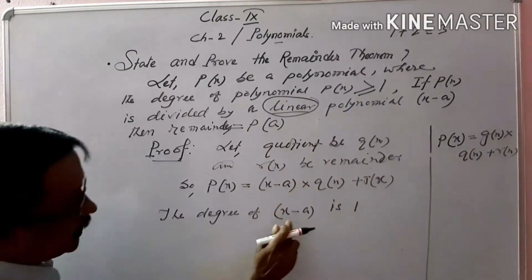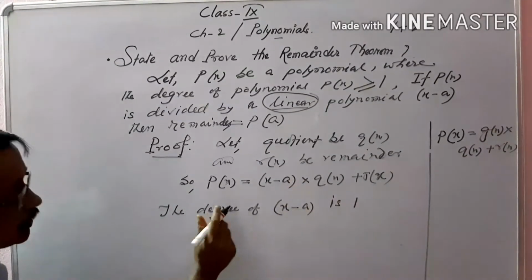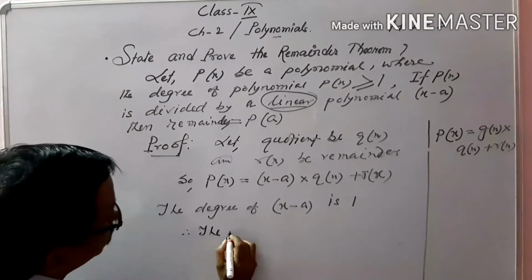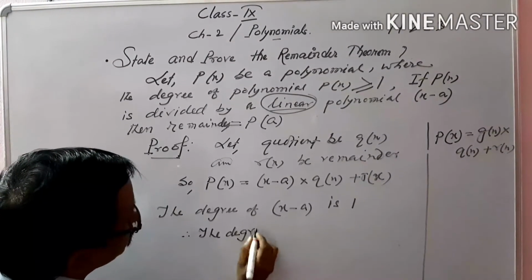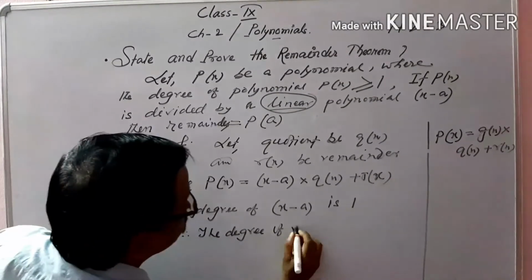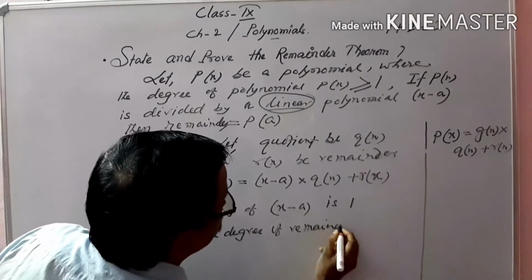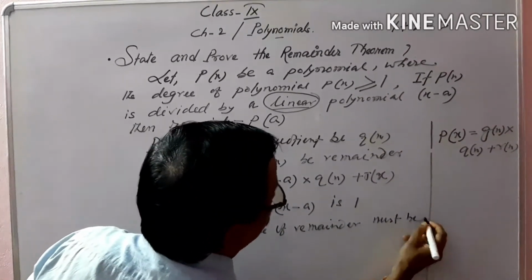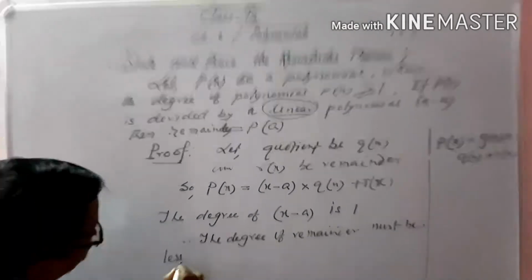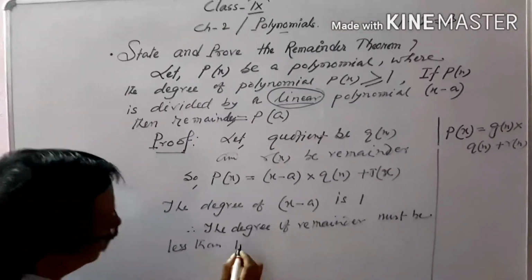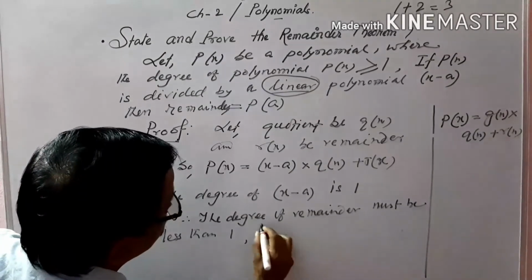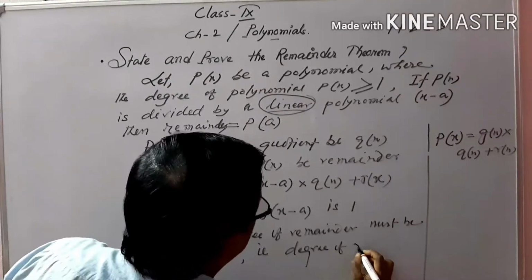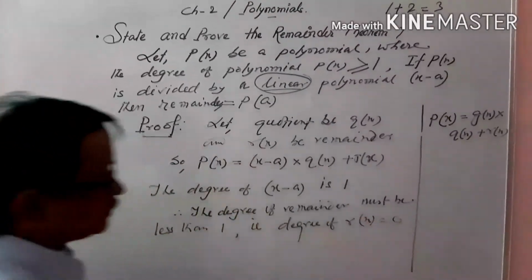So once you divide, therefore the degree of remainder must be less than 1, that is degree of R(x) definitely 0.